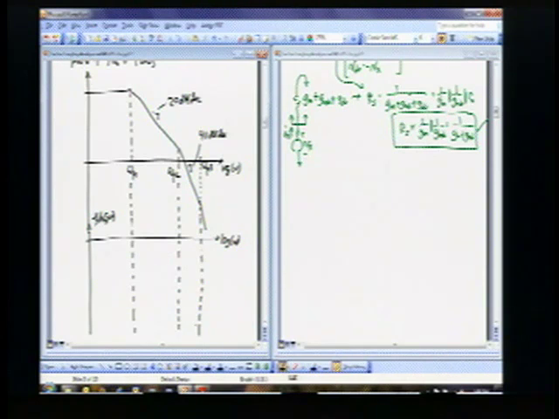So what you do is you look for the decade. So a decade before. So say this point here corresponds to omega P1 divided by 10. And this point here corresponds to 10 times omega P1. If that's the case, then I can draw asymptotes that define how the phase is going to change.